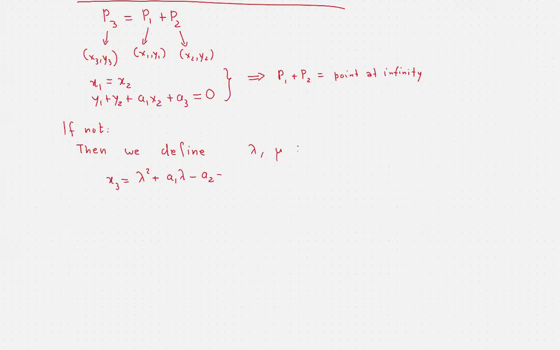And y3 is going to be minus lambda plus a1 times x3, minus mu, minus a3.